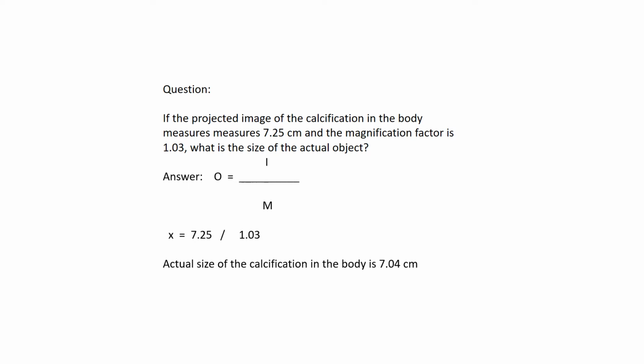So in this case, once again, the image size was 7.25 centimeters. The magnification factor was 1.03. You divide through. And the actual size of the calcification in the body, once again, it's going to be a little bit smaller because it's the actual part, what's projected, it's going to be a bit larger. So the actual size is 7.04 centimeters.